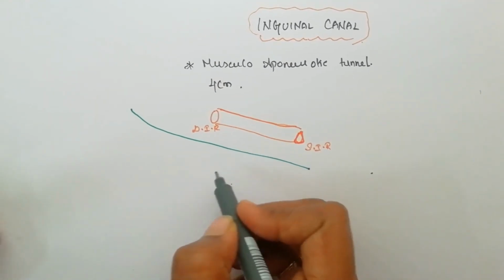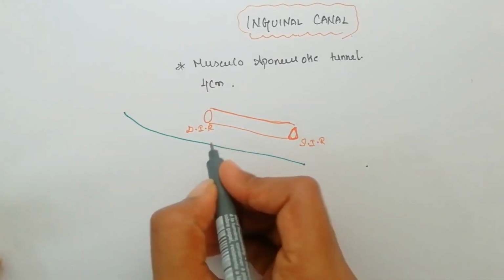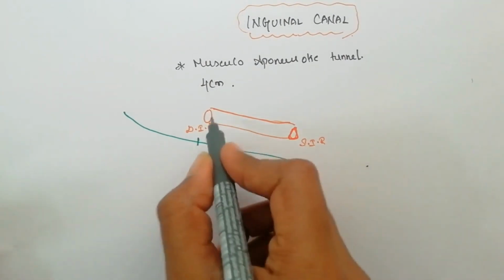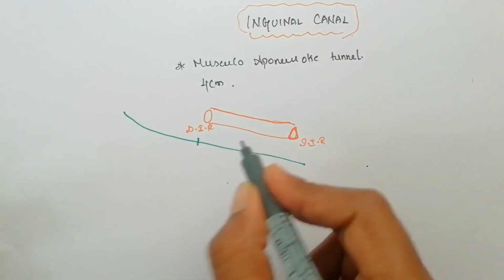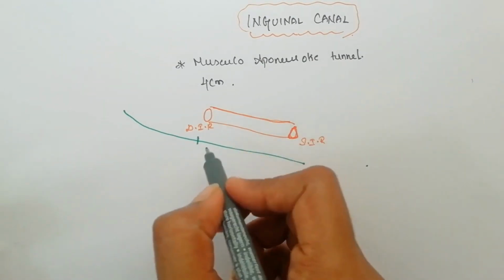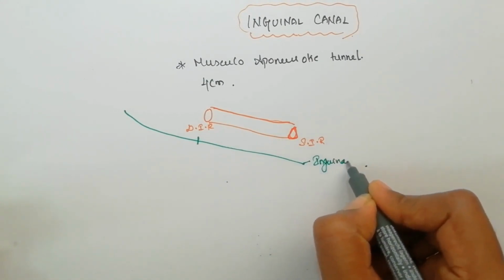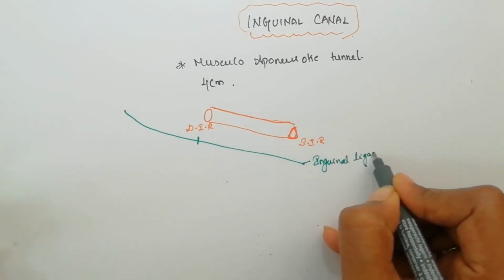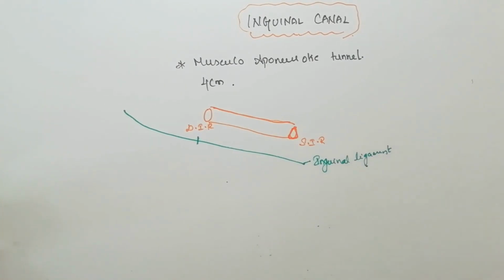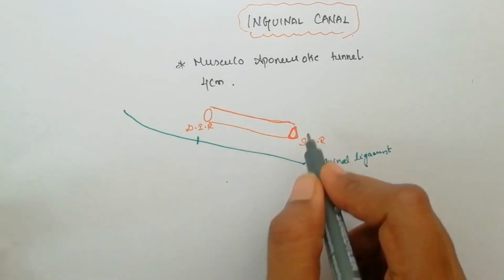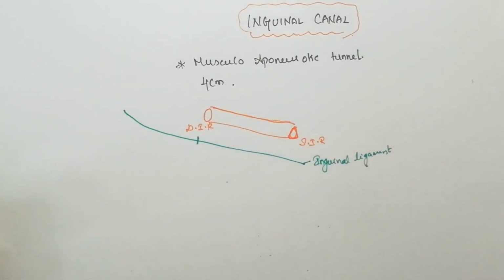The medial aspect of the inguinal ligament is related to the inguinal canal, which is present just above it. So this is the inguinal ligament, and in the medial, upper part we have the relation of this inguinal canal placed.